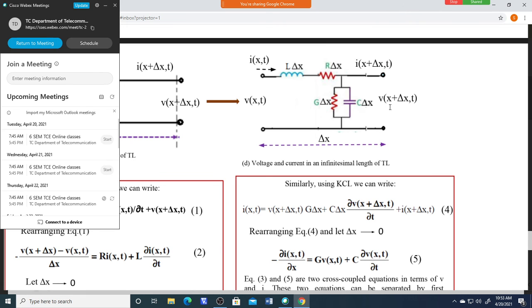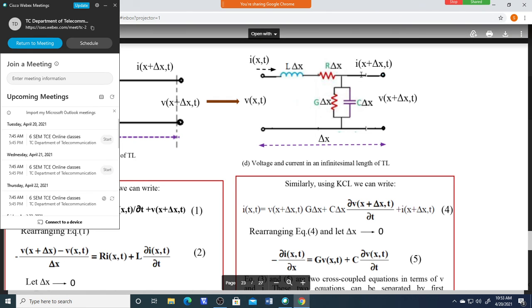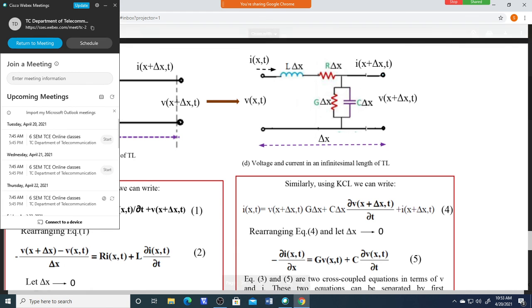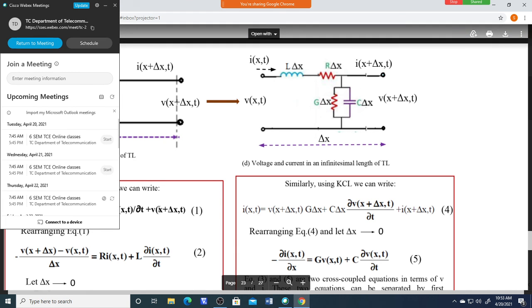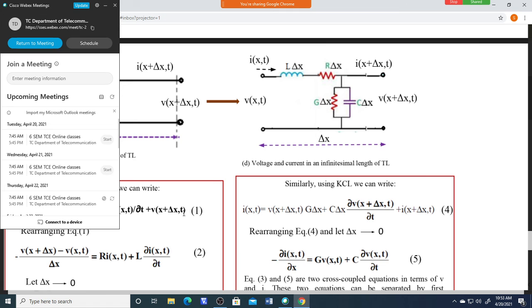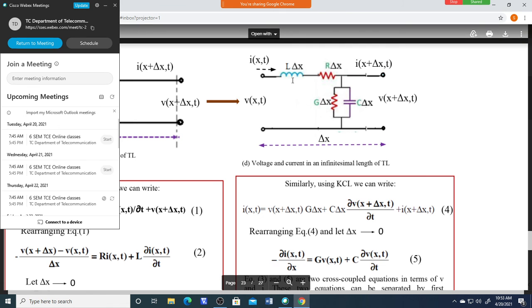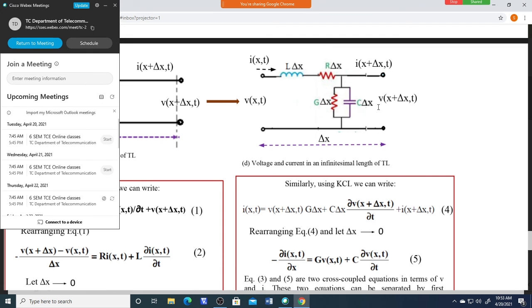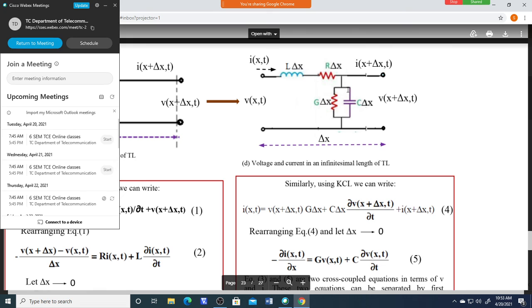Voltage across these two terminals here, we simply keep it as V of x plus delta x comma t. That is Kirchhoff voltage law. The sum of these three voltages is equal to V of x comma t.